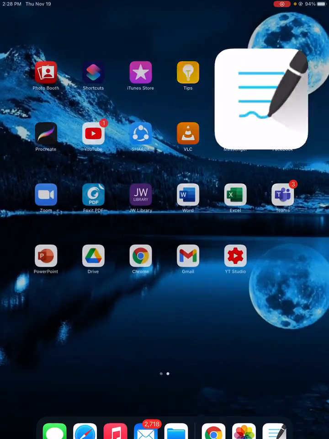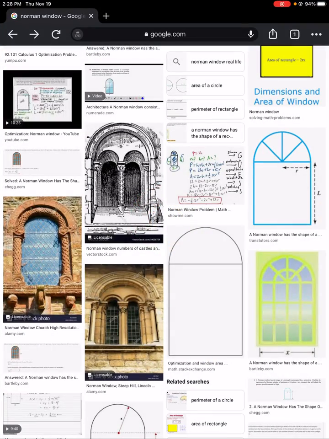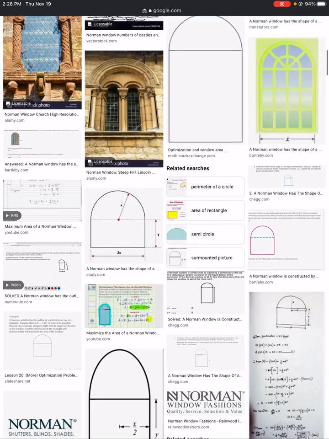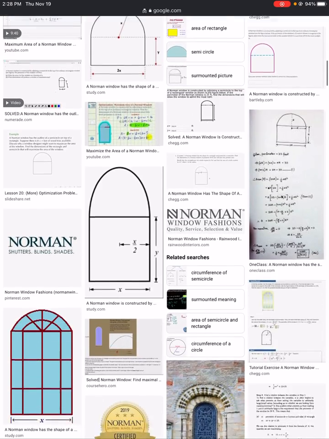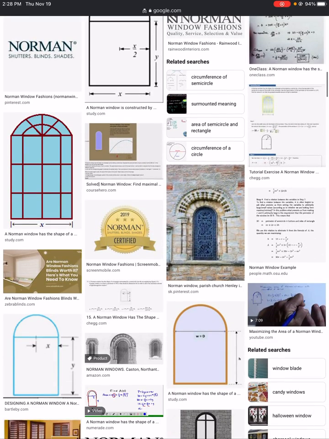If the problem did not describe what a Norman window looks like, take note that a Norman window might look like this: a rectangle surmounted by a semicircle, which you can observe in some churches and castles or some universities.